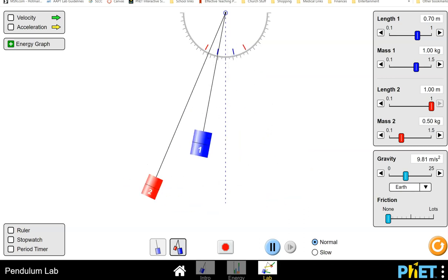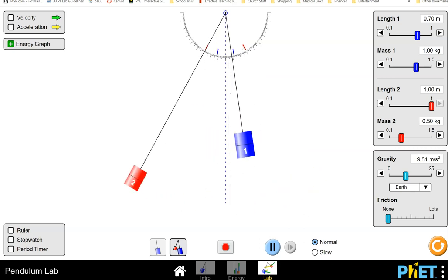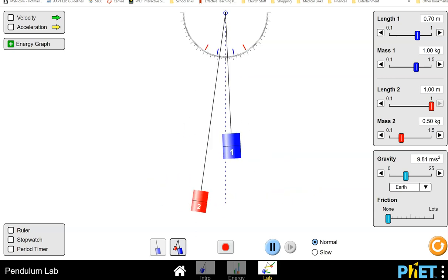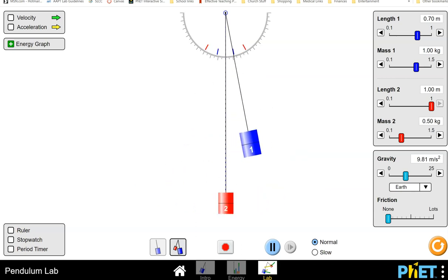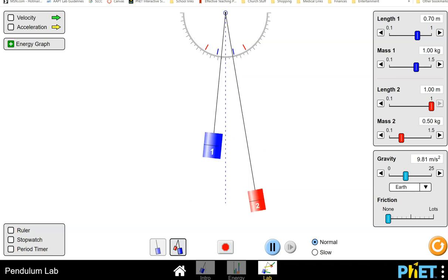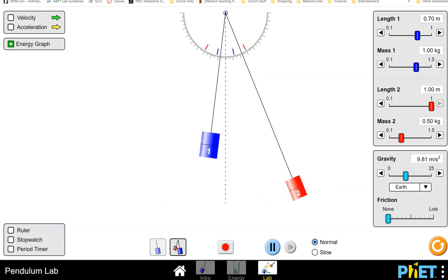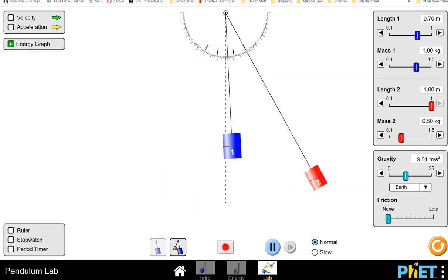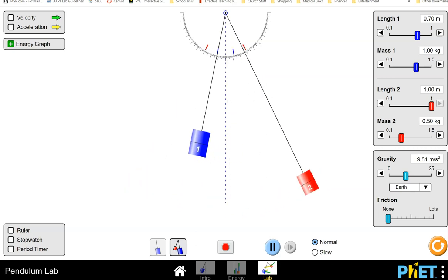Both of these represent an oscillating system, meaning they're repetitively going through the same motion over and over again. This particular system is representing an ideal system as well, because if you look at this bottom right-hand corner, friction is turned down to none.